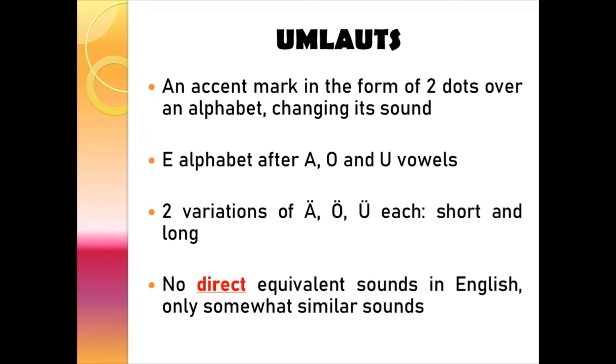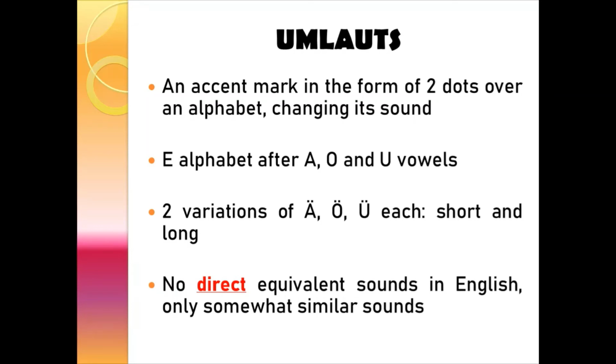Now there are two variations of A umlaut, O umlaut, and U umlaut each. By which I mean that A umlaut can have a short pronunciation and it can have a long pronunciation.